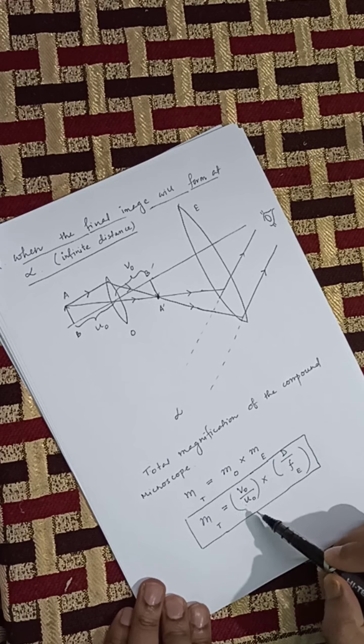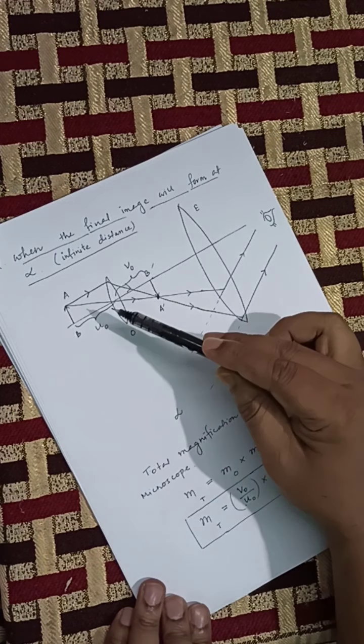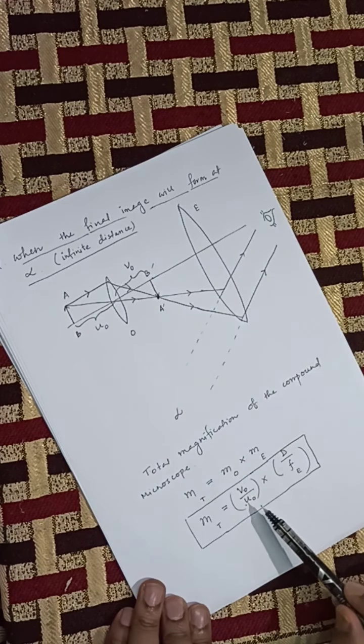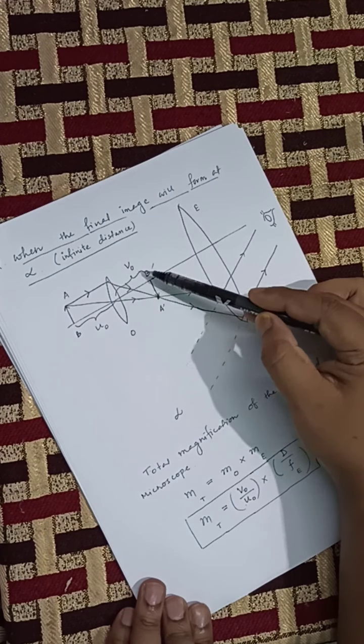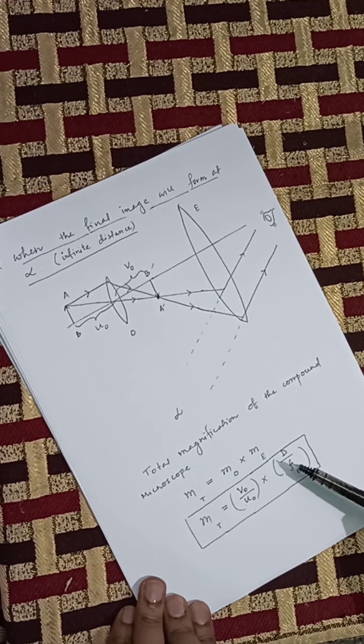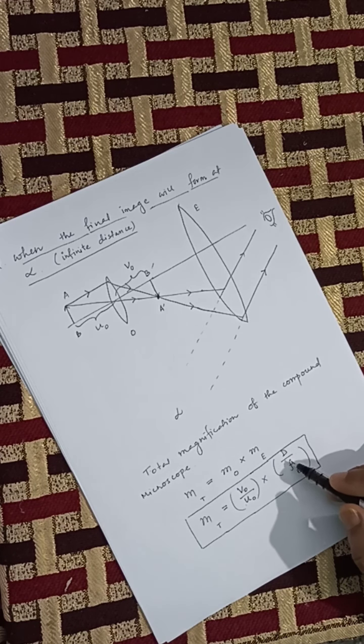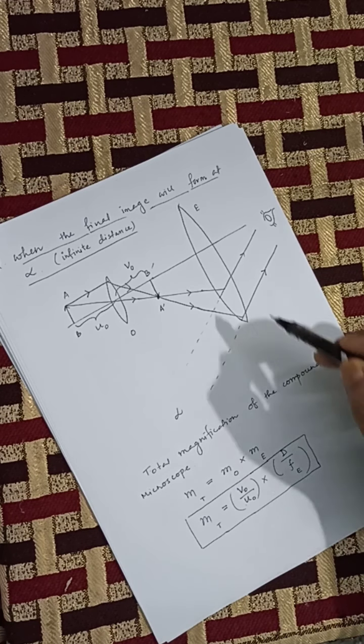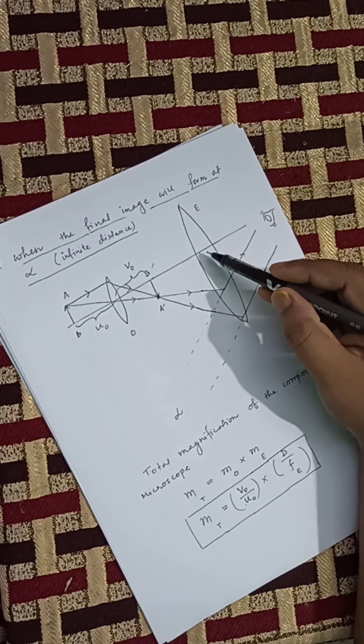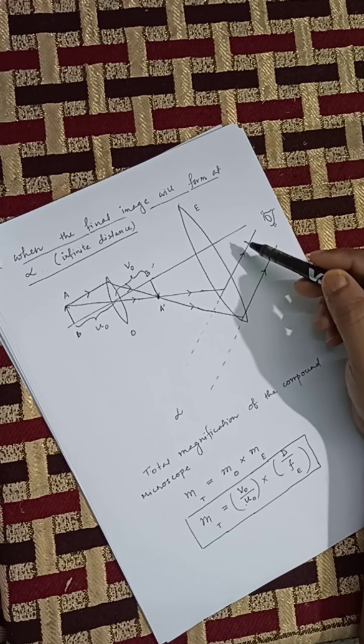Okay, so similarly here U naught means object distance for the objective lens, V naught image distance for the objective lens, D क्या है 25 centimeter, F E focal length of the eyepiece lens.